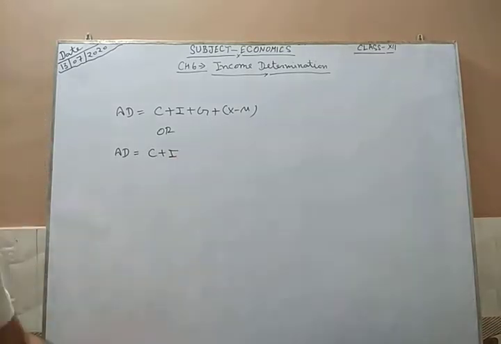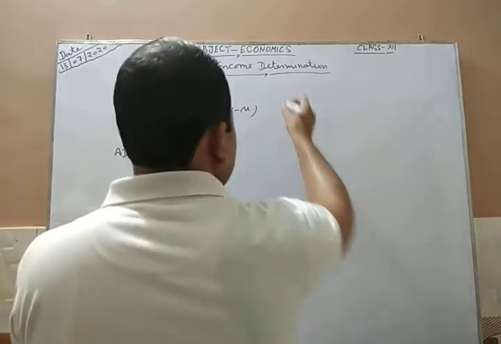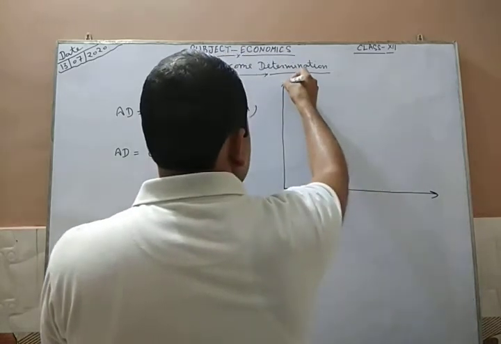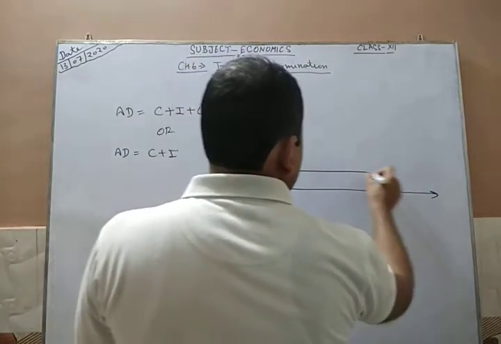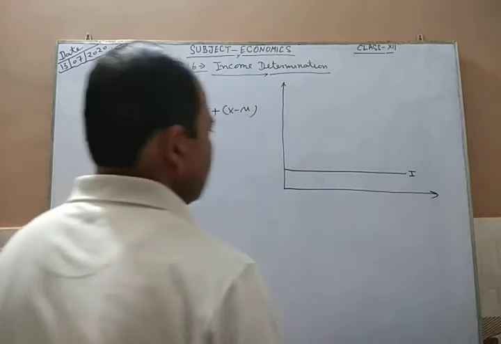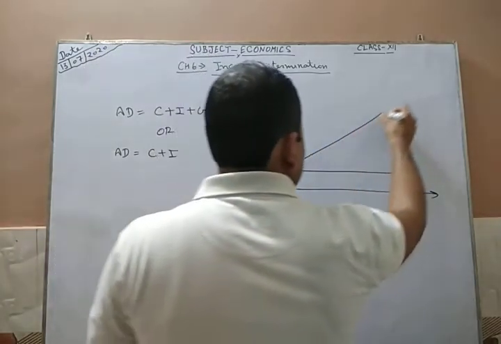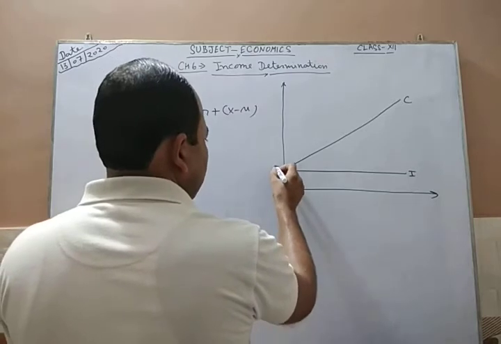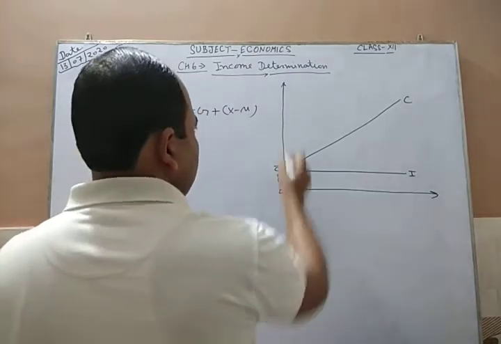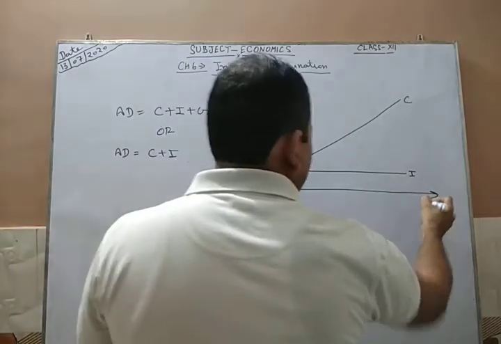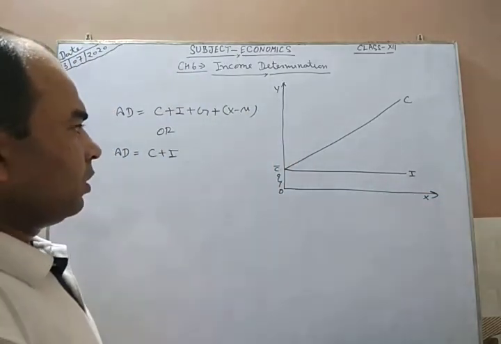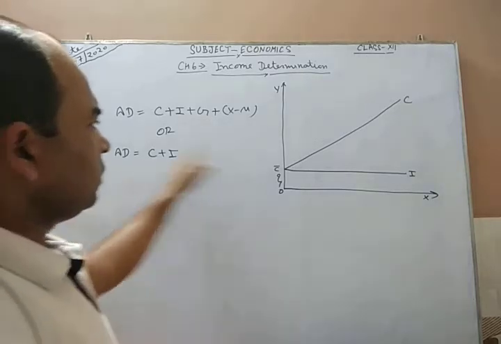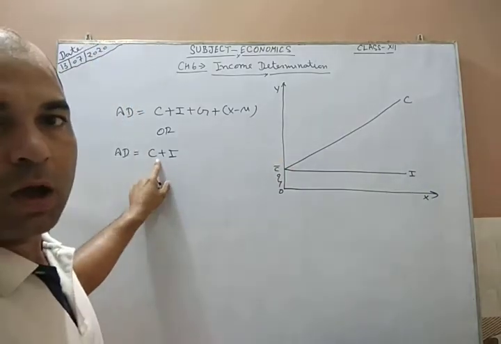And if we talk about the diagrammatic presentation, in the diagram of aggregate demand, this is the investment curve, this is the consumption curve, here is autonomous consumption, this is the y-axis, x-axis, and when C plus I is equal to AB, C is consumption and I is investment.